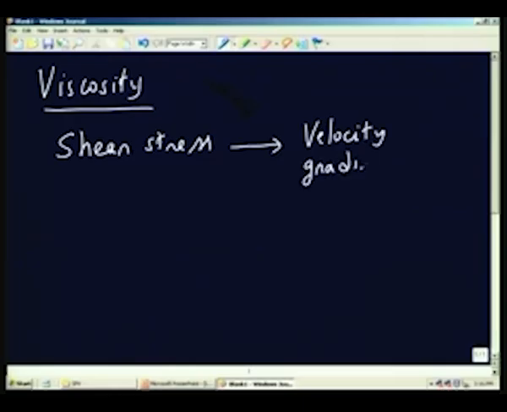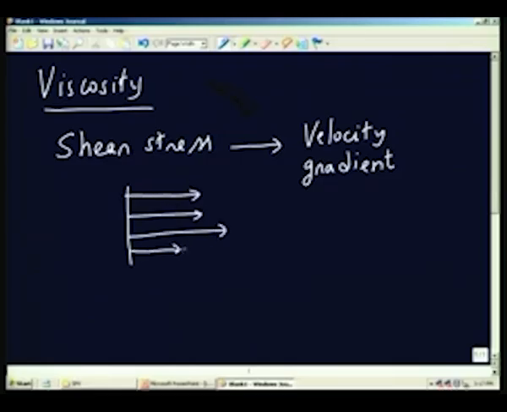And the thing to notice is that the velocity gradient and the shear stress are in perpendicular directions. What do I mean by that? Suppose I have velocity varying like this. So the velocity is varying like this.